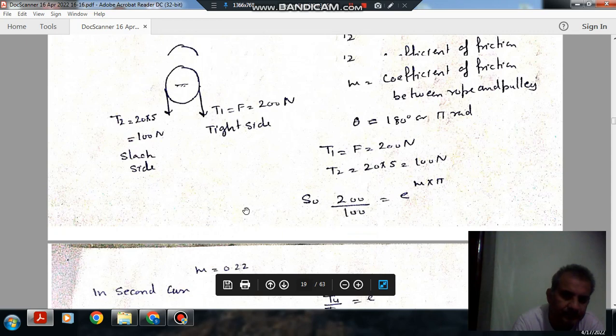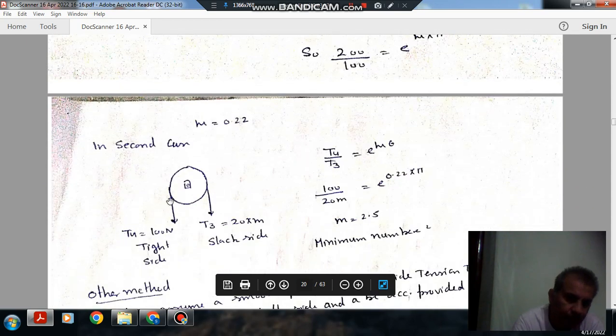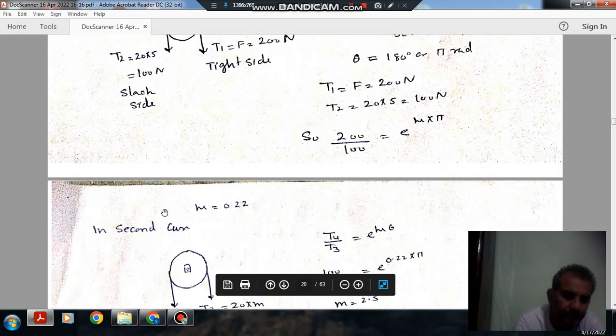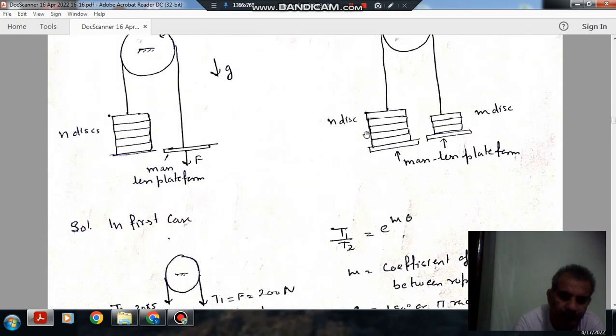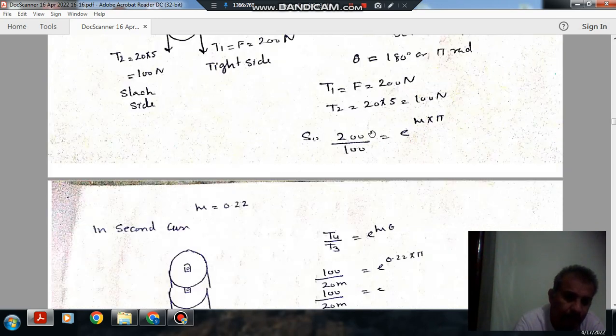So in the second case, its motion in the downward direction has been prevented, so this will become the tight side. T4 is the tension in this, and this tension is equal to 100 Newton because it is provided by the weights; there are 5 discs and these weigh 100 Newton.